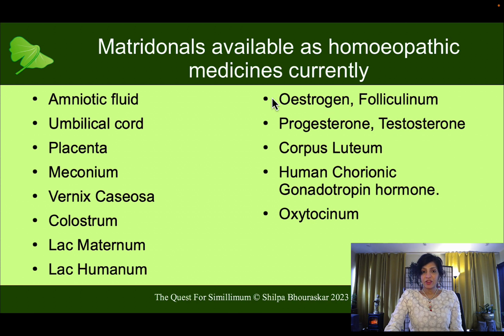The difference is the estrogen, basically you have the ovarian tissue or the estrogen itself. And in the folliculinum, it's the synthetic estrogen available in the form of pills. Progesterone and testosterone, corpus luteum, the human chorionic gonadotrophin hormone, which is the HCG hormone secreted in the first part of the pregnancy, and the oxytocinum.